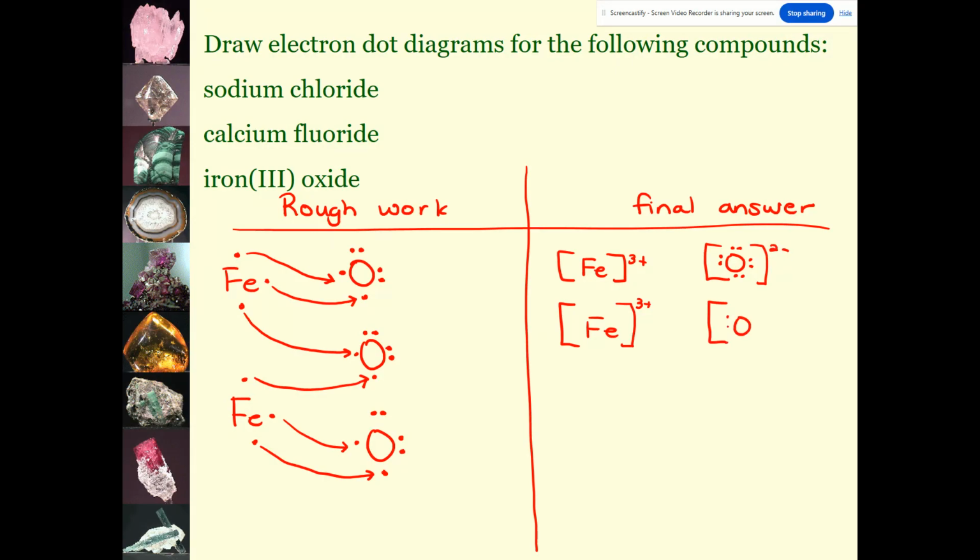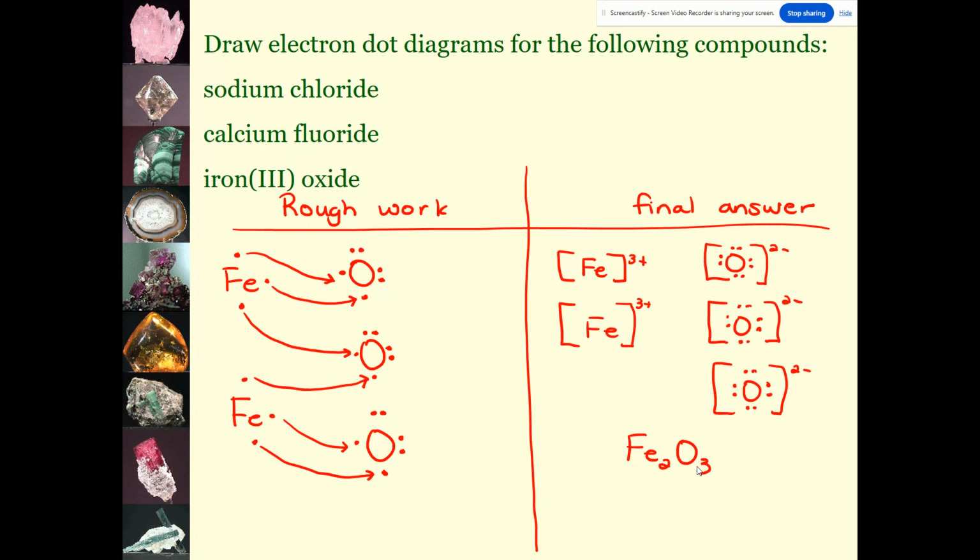And now I need to draw 3 oxygens that did that, right? It took 3 of them in order to transfer the electrons away from the iron. The 2 irons took 3 oxygens. So my formula is Fe2O3. Okay? And that is how we draw electron dot diagrams for ionic compounds.